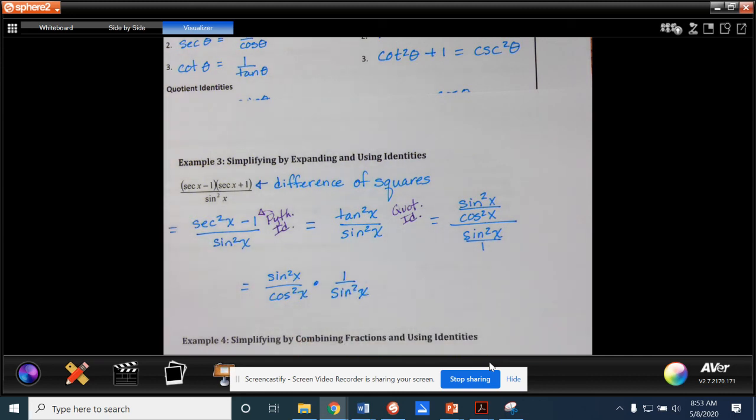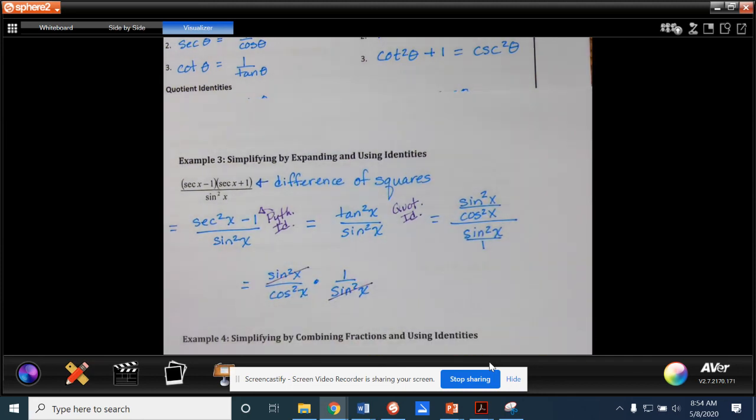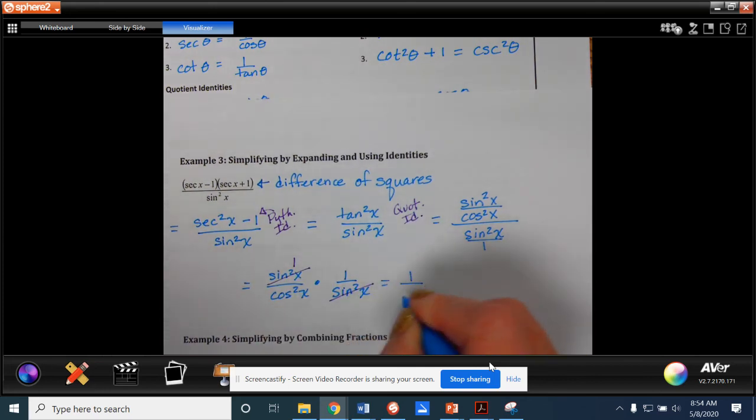Oh, so nice. I have two items, one in the numerator, one in the denominator, exactly the same. They can simplify out, be 1. And then I have, okay, this is 1 over cosine squared x.